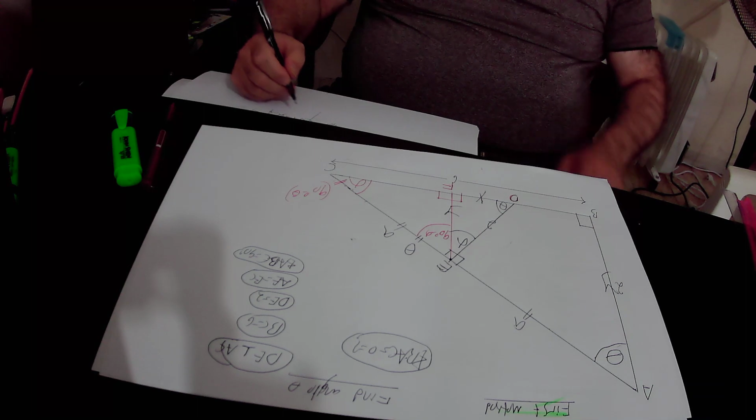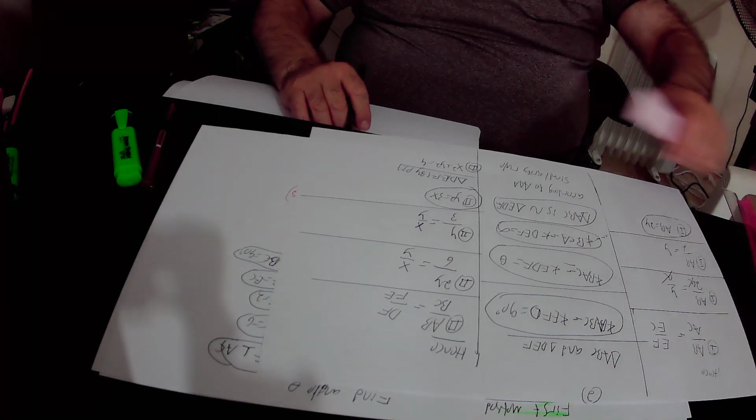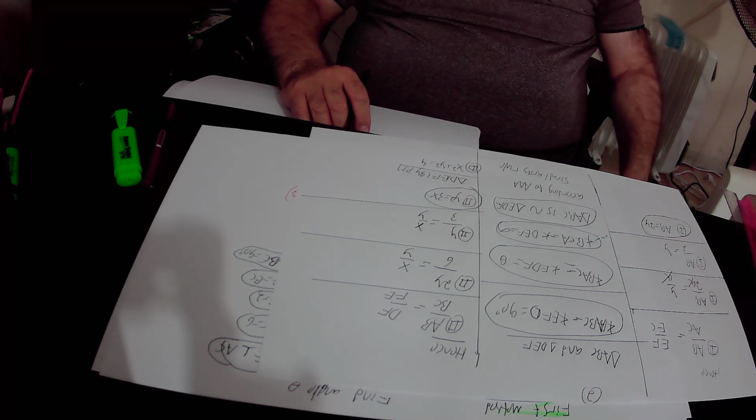So we found out that according to equation number 3, in the right triangle DEF, x squared plus y squared equals 4.